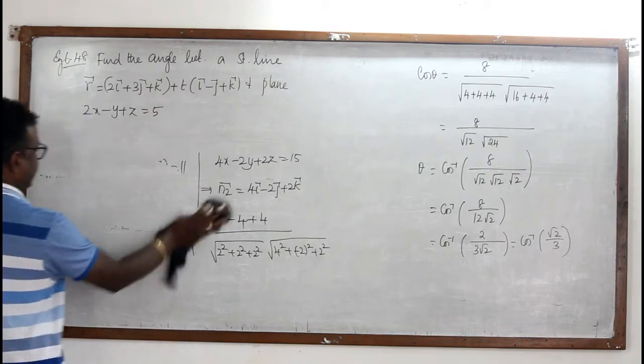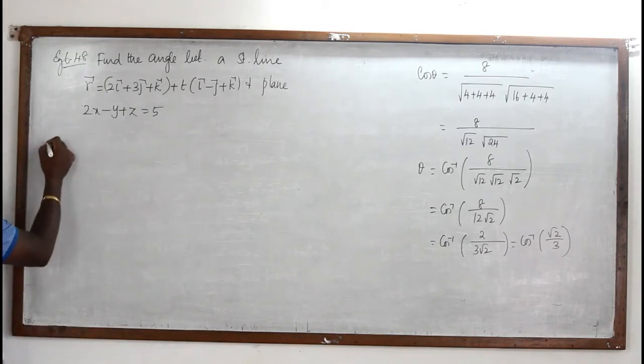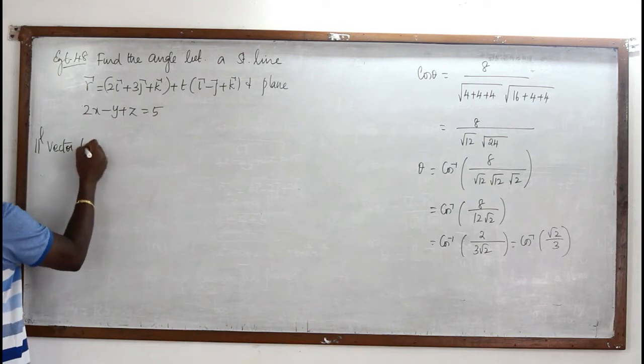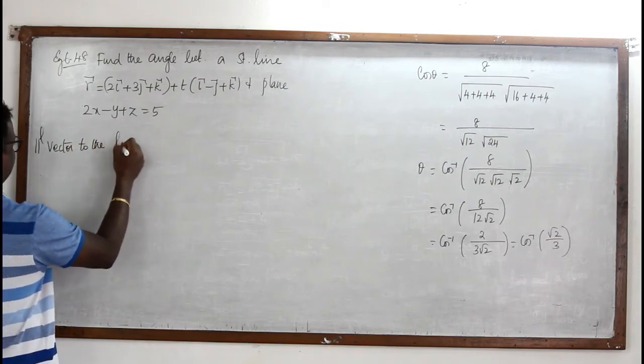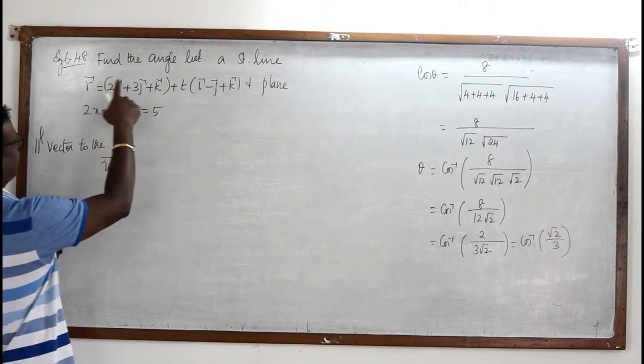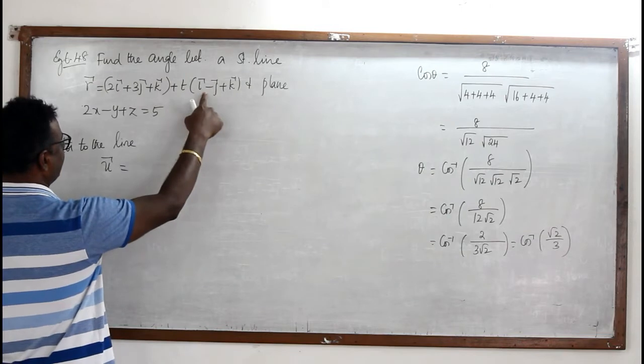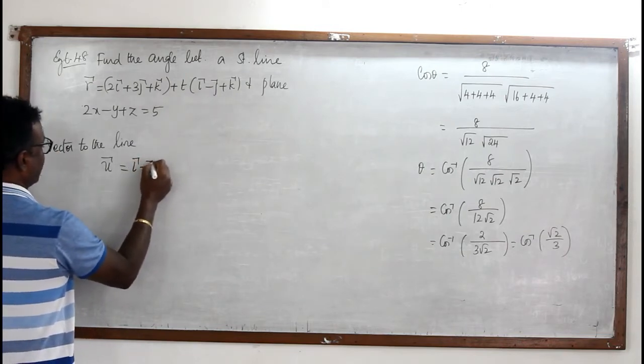So, shall we write the vectors of the line and the plane separately? The vector parallel to the line: u vector, since r vector equals a vector plus t u vector. So this is the vector coming with the scalar, therefore this is the vector parallel to the line.